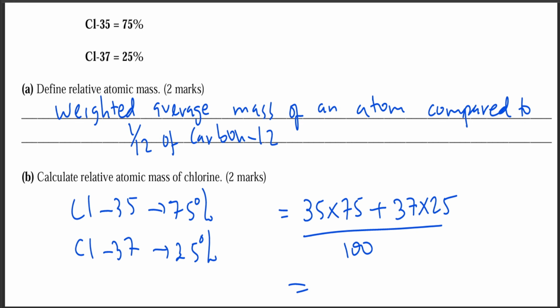Let's see how much it is going to give us. 35 times 75 plus 37 times 25. So yeah, itakupa 3,550 divided by 100 is going to give you 35.5, and that is the answer.